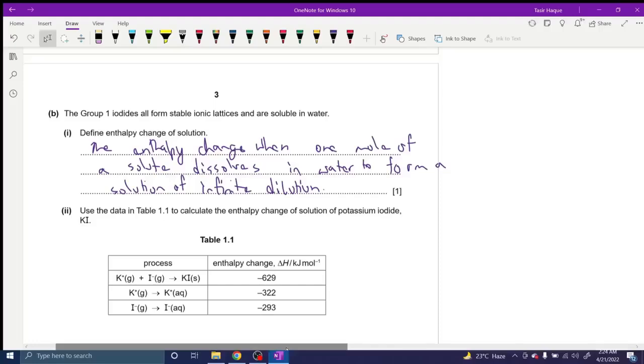Really important, okay? It's also called an infinitely dilute solution. Both work.